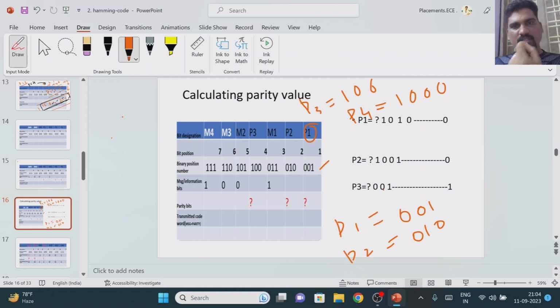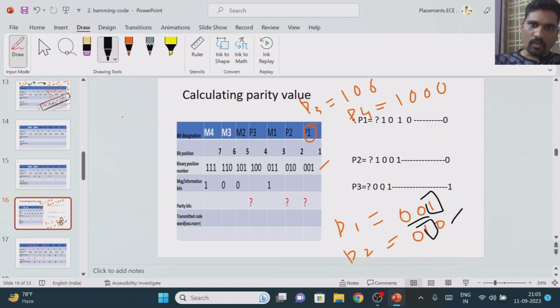By using this simple logic we are going to find the P1, P2, and P3 values, right? For example, in P1 we have only a single one and all remaining values are 0. In P2 also we have only a single one, remaining bits are 0. In P3 and P4 also only one bit is 1 and all the remaining bits are 0. What I am trying to explain is that for any parity only one location will be 1, and all remaining bits will be 0.